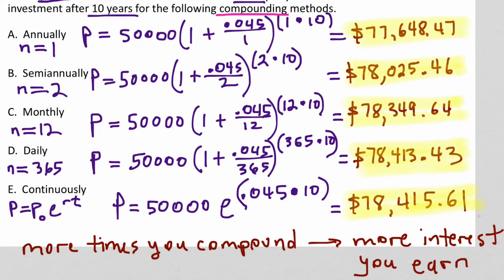We can even make a conclusion if we wanted to here. We can say that the more times you compound in a year, the more interest you'll earn in a year. This is an example of a type of problem you would have to do in business calculus or in a finance class if you were a business major.